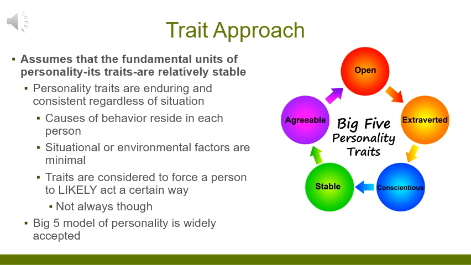These traits are considered to force a person to likely act in a certain way, but not always. The trait approach focuses on the Big Five model of personality. The Big Five are openness, extroversion, conscientiousness, stability, and agreeableness. Those are the Big Five personality traits.